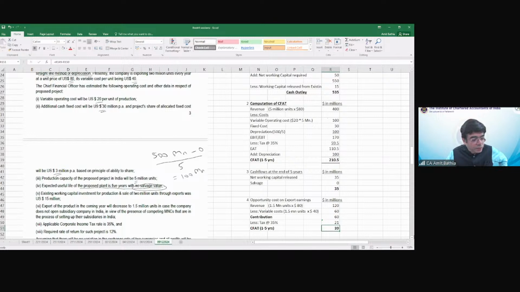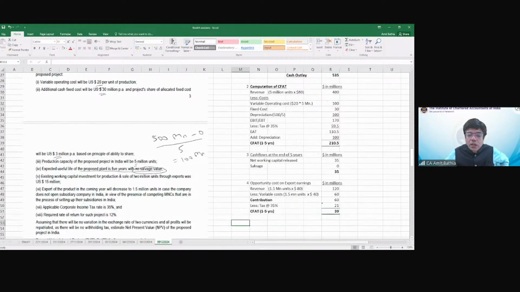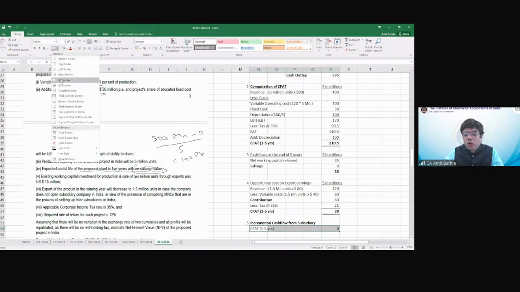Are you all with me? So what is the incremental cash flow which is coming out of this particular project? How much is the incremental cash flow from the subsidiary?